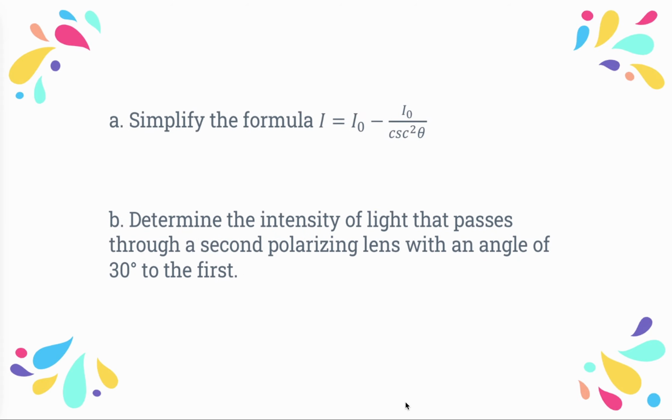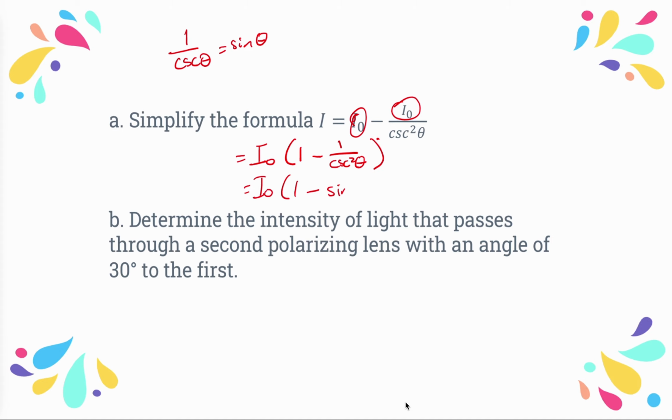So, in order to simplify the formula here, we have an I0 here and an I0 here. We can factor out that I0, make this 1 minus 1 over cosecant squared theta. 1 over cosecant theta is sine theta. So make this I0 times 1 minus sine squared theta.